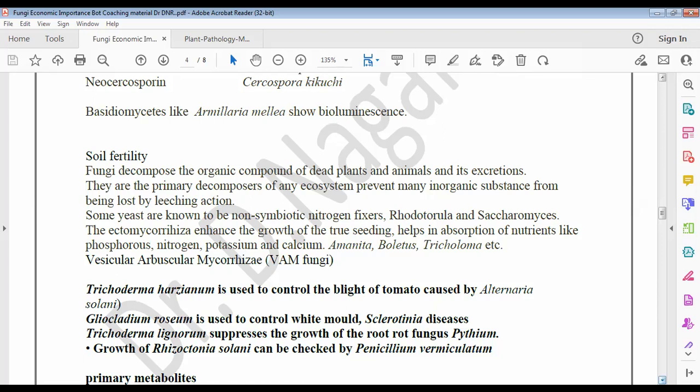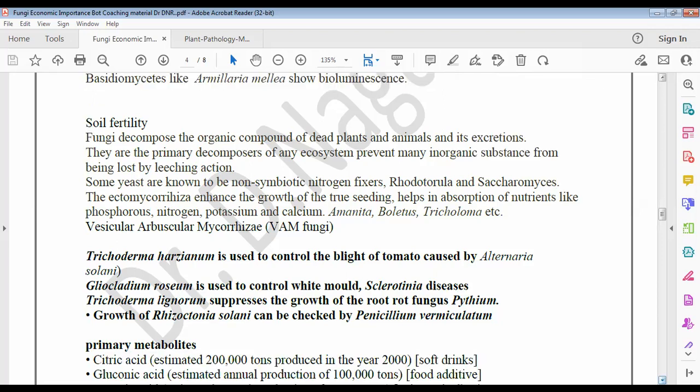Phosphate solubilizing fungi: Aspergillus, Trichoderma, Fusarium. These all are phosphate solubilizing fungi which solubilize the phosphates. And you know the arbuscular mycorrhizal fungi, ectomycorrhiza, endomycorrhiza.